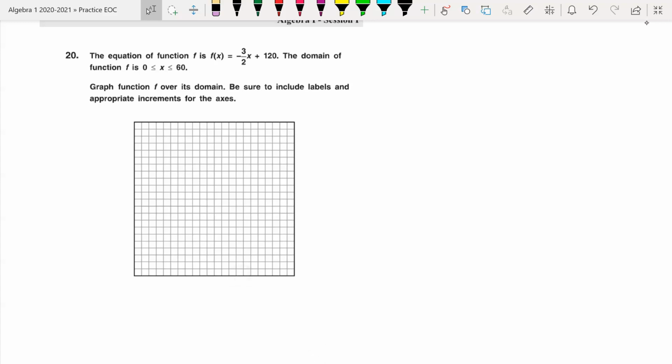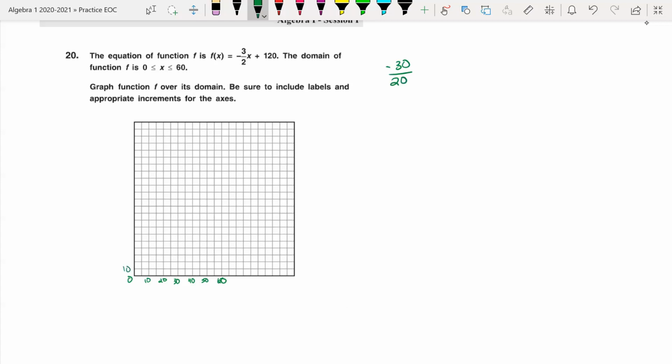So what I did is I just made my 0 here. And then I counted by 5s, but I only labeled every 10. So that is my domain from 0 to 60. And then my fractions, if you look at this, this is like saying negative 30 over 20.